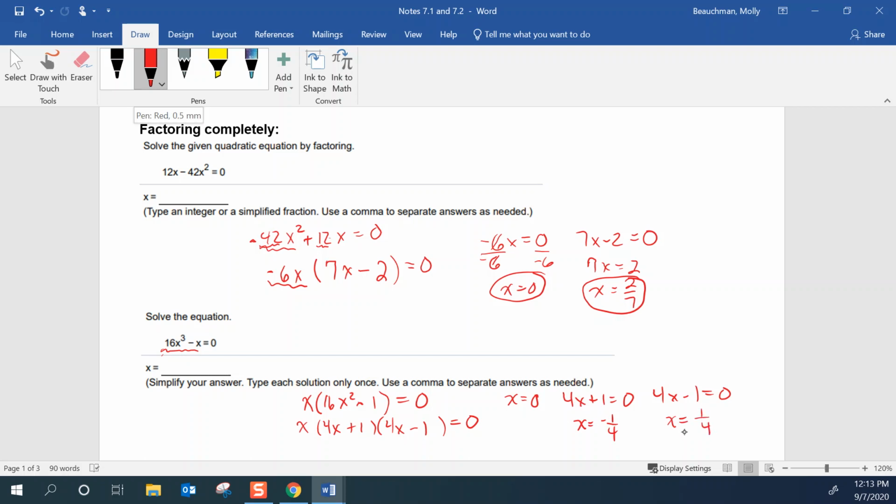In this case, we ended up with 3 solutions. X is equal to 0, negative 1/4, and positive 1/4. So that shows you can still use quadratic factoring to solve, even if your original equation might be a cubic.